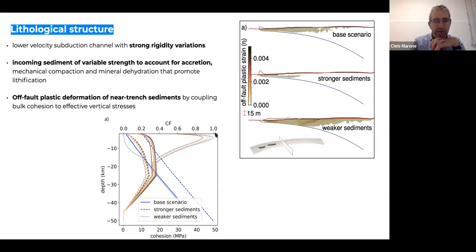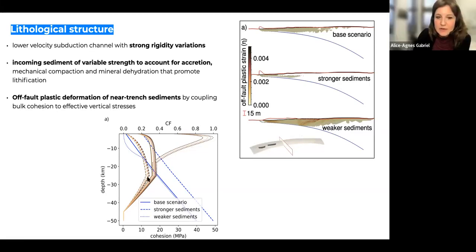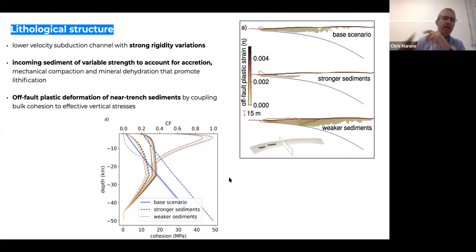Yeah, okay, sorry, I misinterpreted. So for the strong sediment, you're nowhere near close until you get down to about 40 kilometers or so. Right. The strong sediments are never close to failure, they're never reaching 1. Gotcha. Okay, thank you.